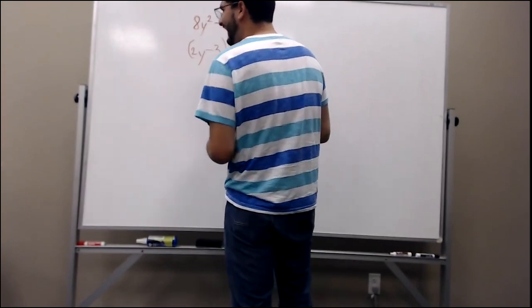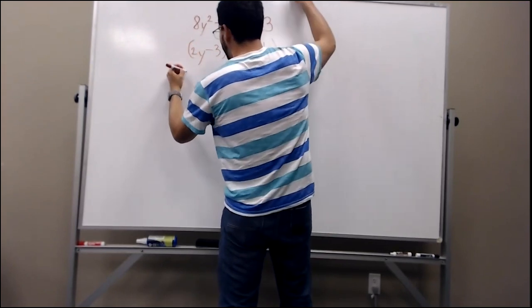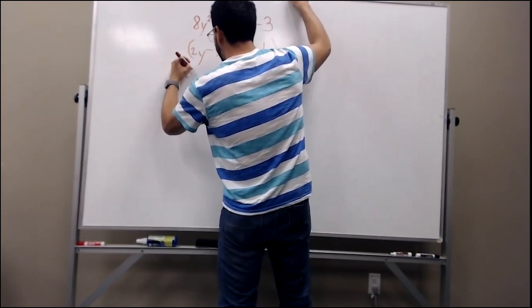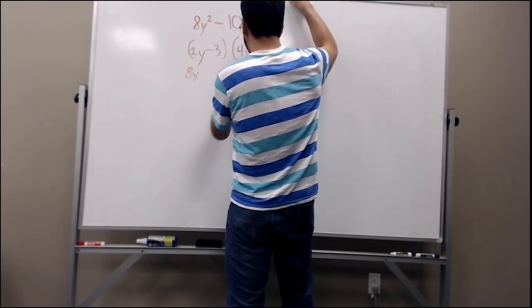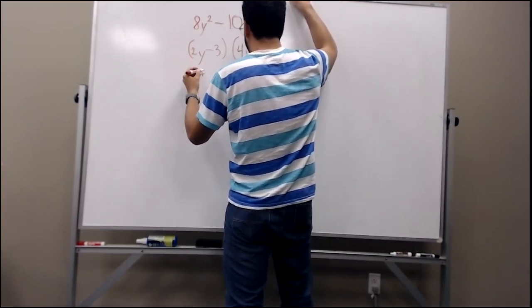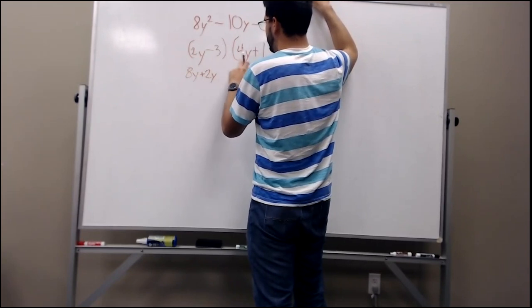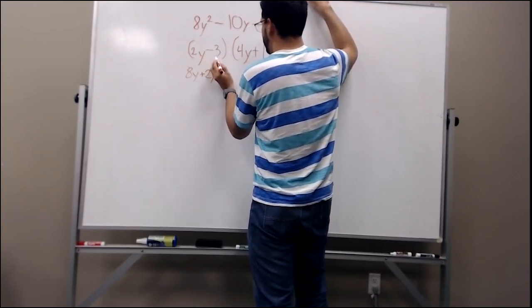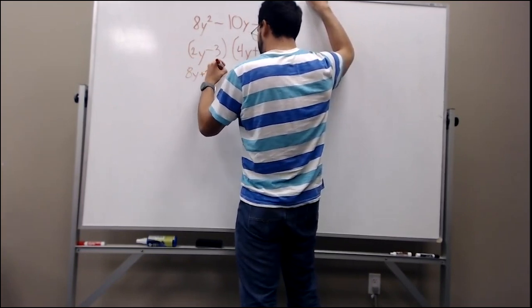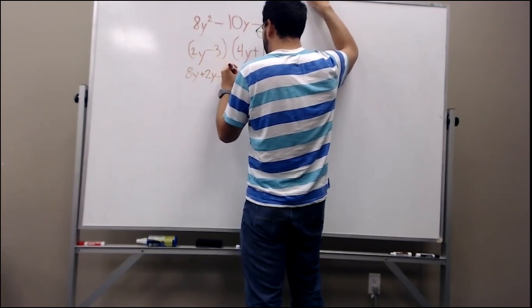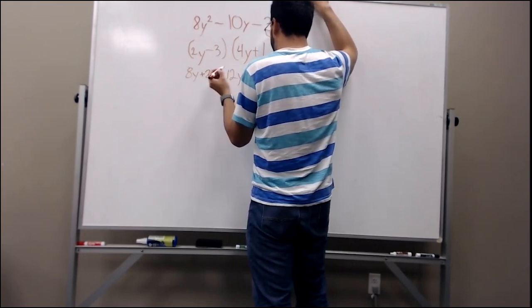According to the FOIL, 2y times 4y. 2 times 4 is 8y squared. 2y times 1 is 2y. Then minus 3 times 4y is minus 12y, and minus 3 times 1 is minus 3.